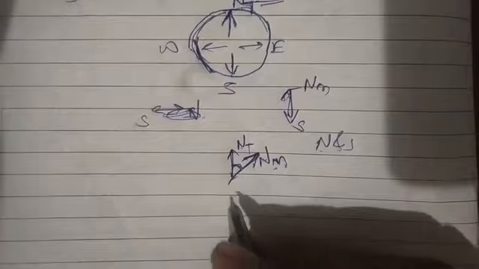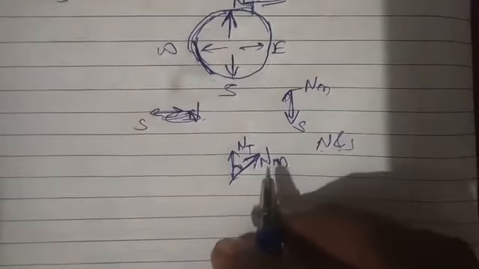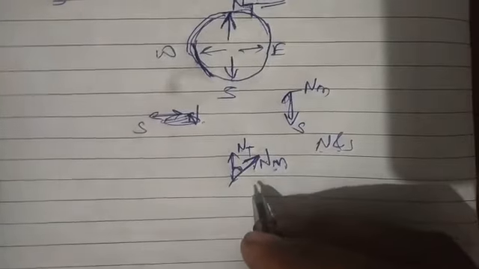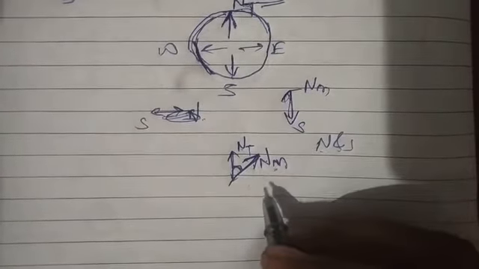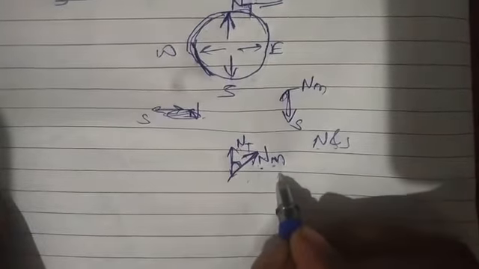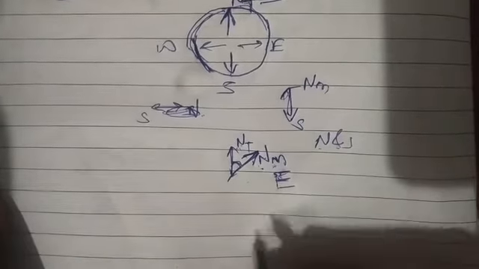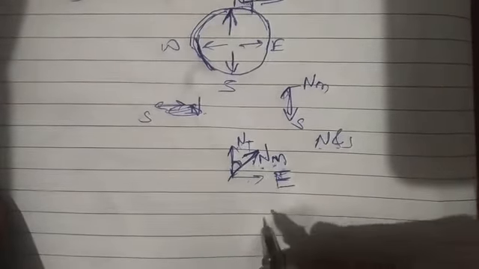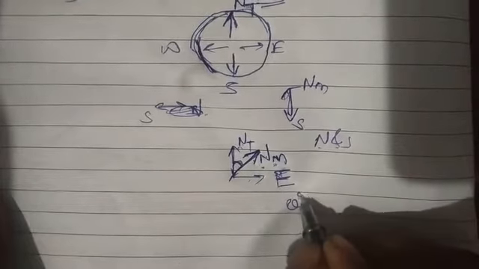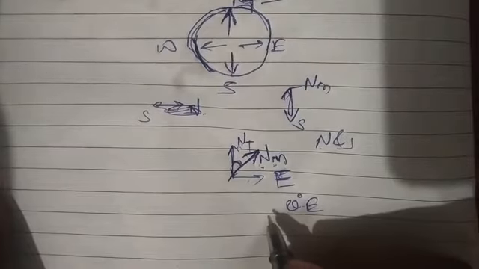So this angle between true north and magnetic north at that point will be called as magnetic declination of the point. Okay, now this magnetic north is on eastward side of true north, so this magnetic declination will be represented as theta degree east.